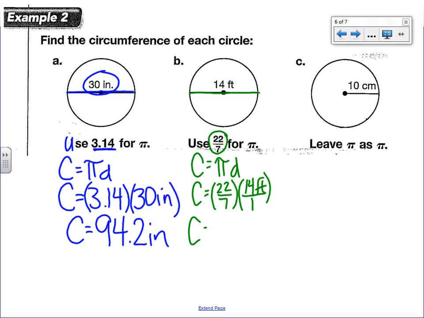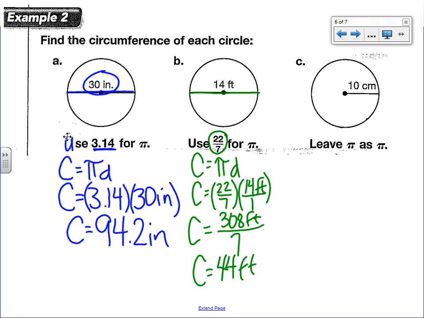So on top, I'm going to multiply 22 times 14 and get 308 feet, over 7 times 1, which gets me 7. So all I have to do now is the division indicated by the fraction bar. So 308 divided by 7 gets me 44 feet. Okay, final answer there.